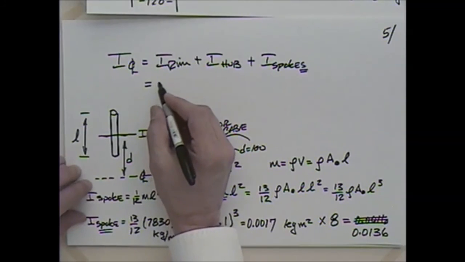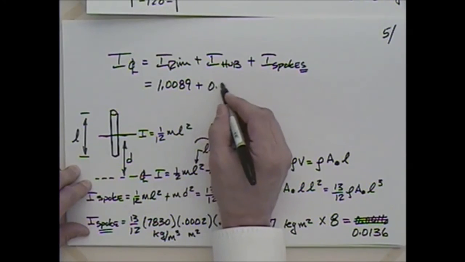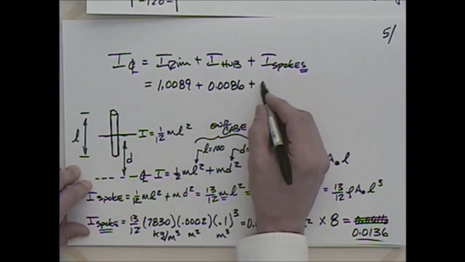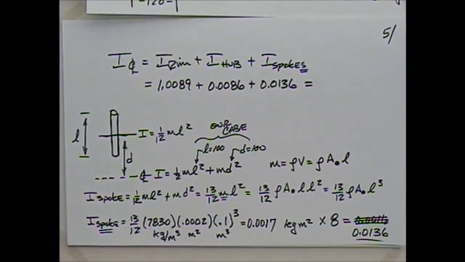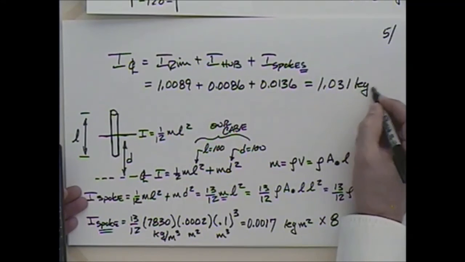So for the rim, what did we have? 1.0089 plus I for the hub, 0.0086 plus for all of the spokes, I'll use that number there, 0.0136, which nets us 1.031 kilograms meters squared.